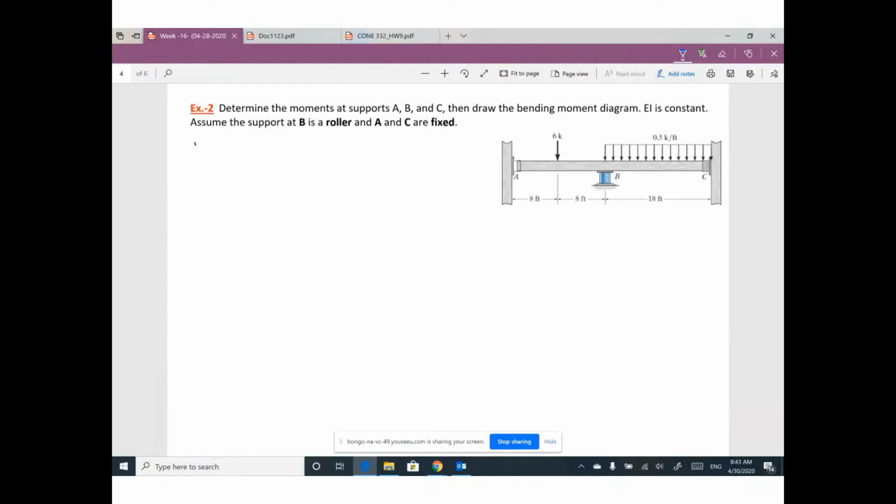If you remember, we need to figure out something called degree of freedom, or how many unknowns do you have? Actually, for beams, we are looking for theta as unknown.